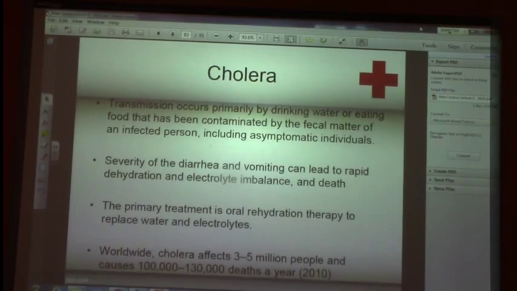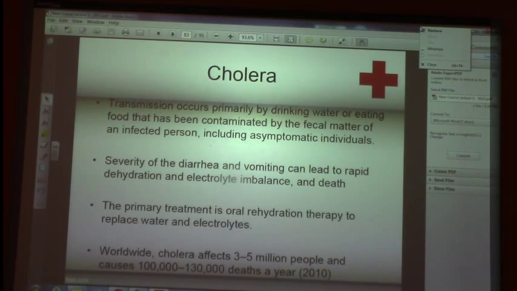The primary treatment for cholera is oral rehydration therapy, to replace the water as well as electrolytes. Hopefully, as you know from your previous classes, without proper electrolyte balance or water, we cannot metabolize. And if we can't go through metabolism, we will die. So that's why it's very important to continue to rehydrate these individuals.